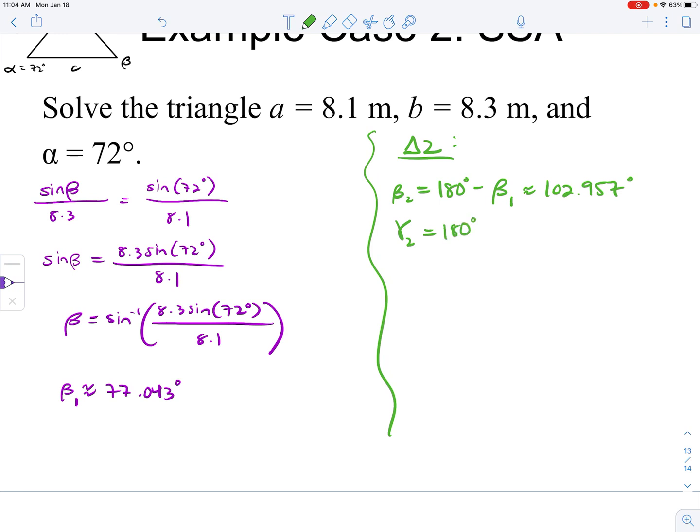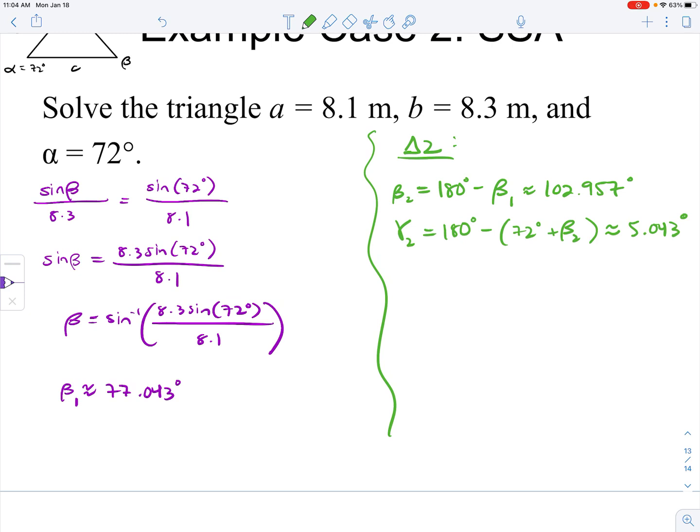Okay, so let's solve for the third angle. So gamma from triangle 2 would be 180 degrees minus the sum of 72 degrees and beta sub 2. And you've stored beta sub 2 in your calculator so that you can type in just the letter for beta sub 2.